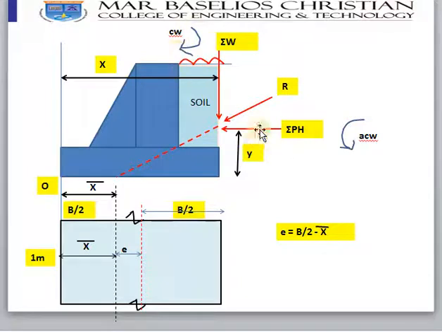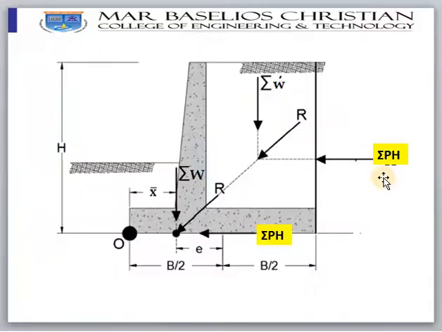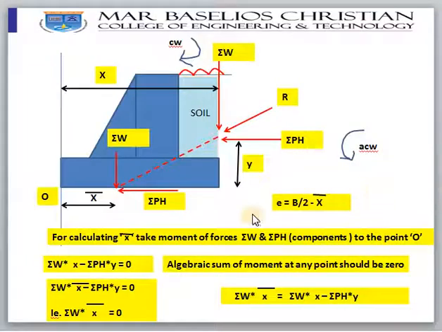And you see here sigma pH and y. The perpendicular distance between sigma pH and O is y, so this will create an anti-clockwise moment. We know that the algebraic sum of the moments should be equal to 0.